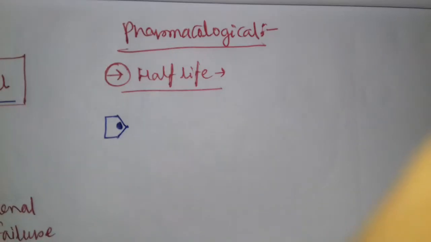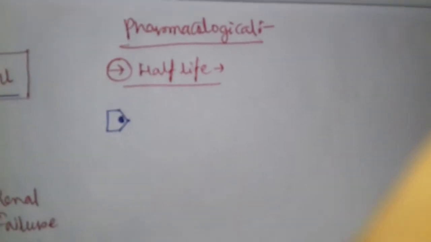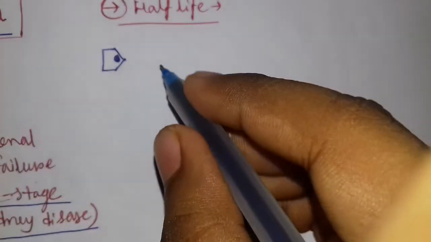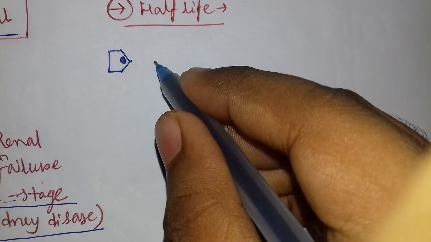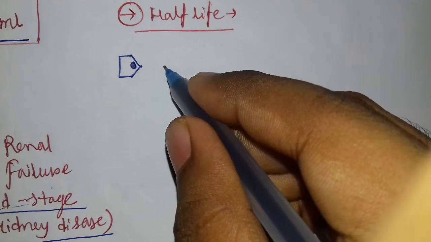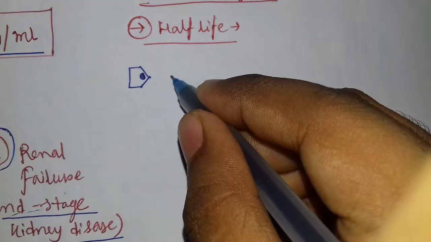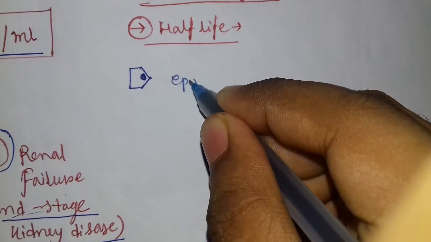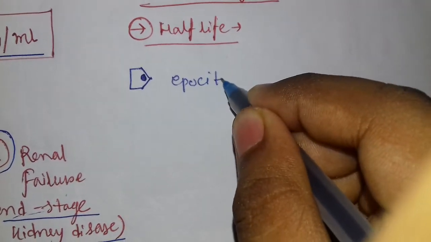From the pharmacological point of view, there are two drugs which are used. The number one is epoetin alpha.